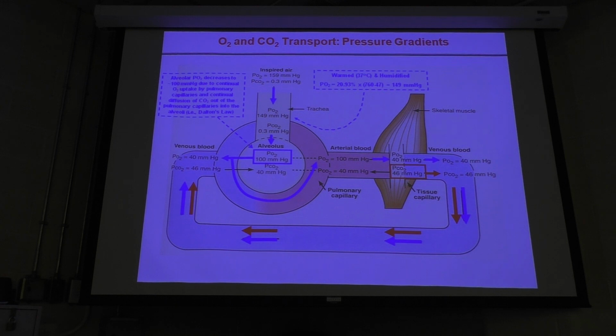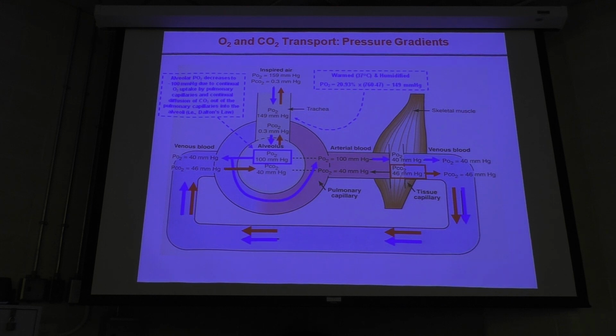But because CO2 is such a highly soluble gas, it doesn't require much in the way of a partial pressure gradient to facilitate rapid exchange of CO2 from the mixed venous blood into the lung, ultimately to be expired through expiration.